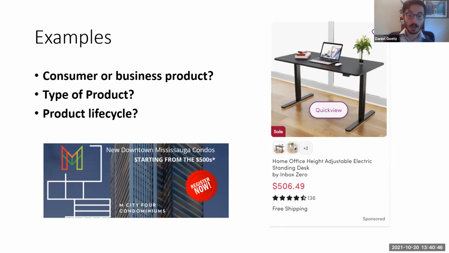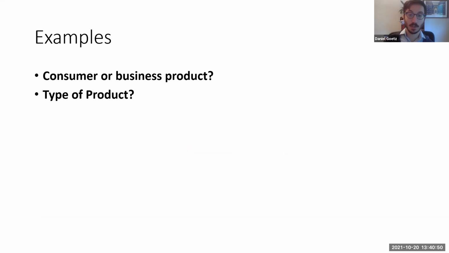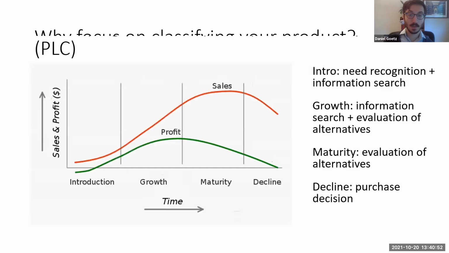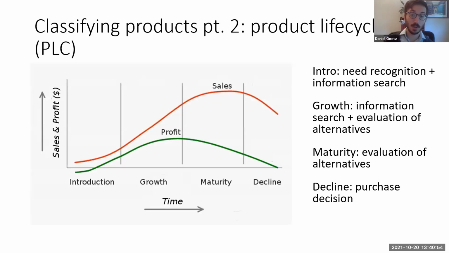So focusing on need recognition and focusing on perhaps information, right? So information search and evaluation of alternatives, given that we're in the growth phase, right? So where to find it and how to evaluate it compared to its competitors.